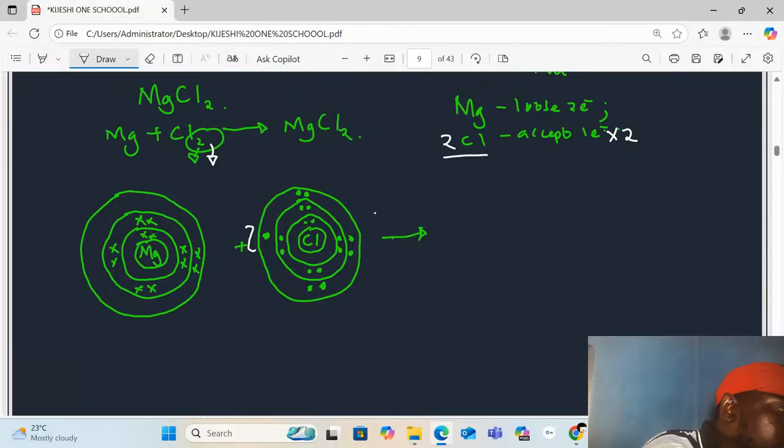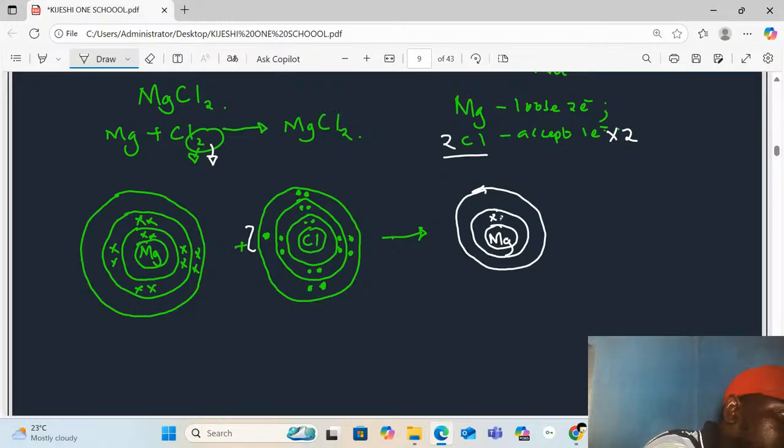Then we'll have the formation of a single magnesium ion. It will have lost its last energy level, so it will have 2 energy levels with what we call octet stability. So now I'll arrange it in this manner.